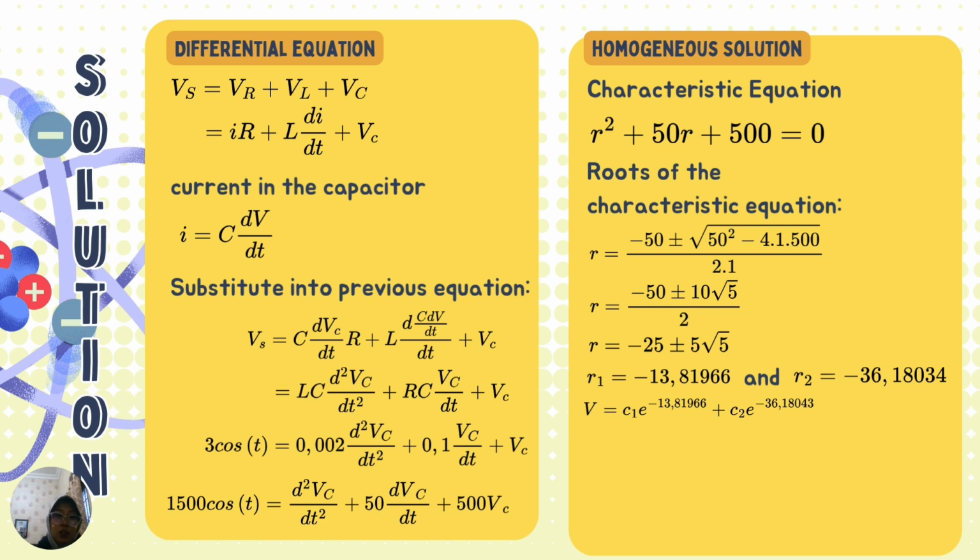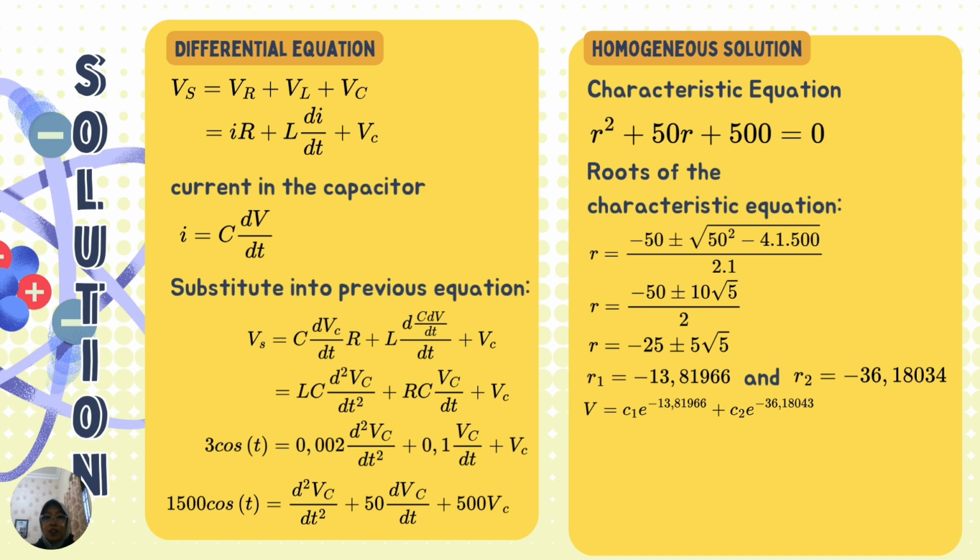Then we substitute into the previous equation, so in the end we found that d squared Vc over dt squared plus 50 dVc/dt plus 500 Vc is equal to 1050 cos t.